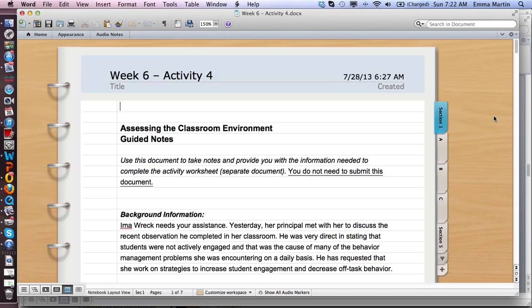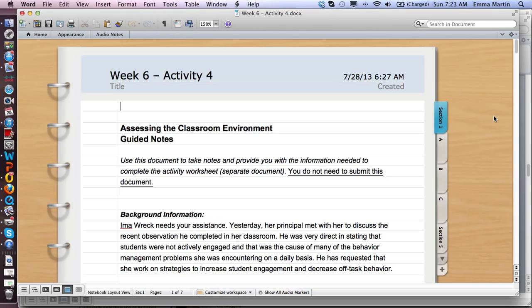A little background information. I worked with a teacher a number of years ago, and the principal was very concerned about her behavior management skills. Students were off task, often not engaged in the activities occurring in the classroom, but rather dealing with misbehavior: out of seat, talking, fighting, refusing to do work.